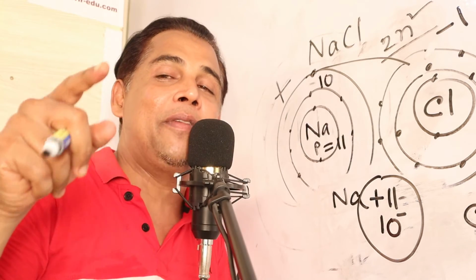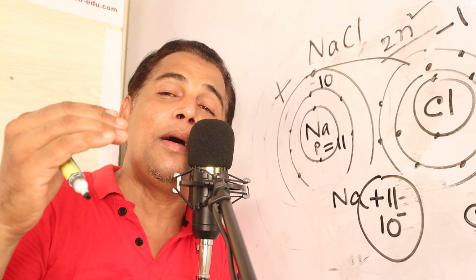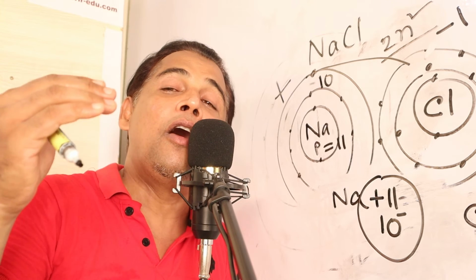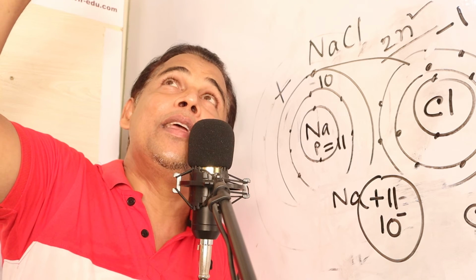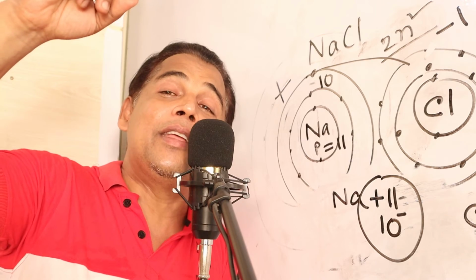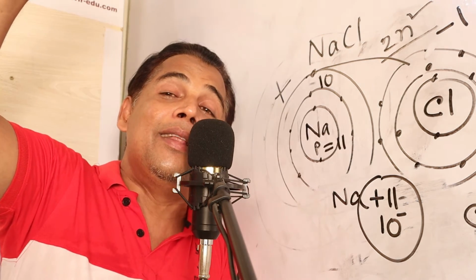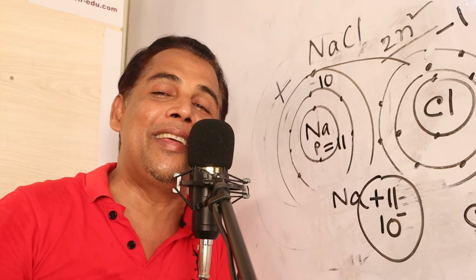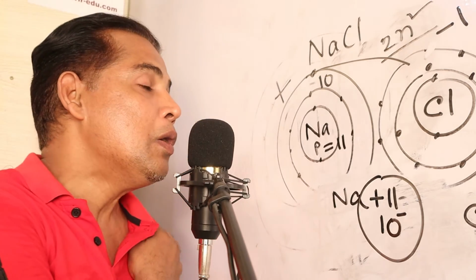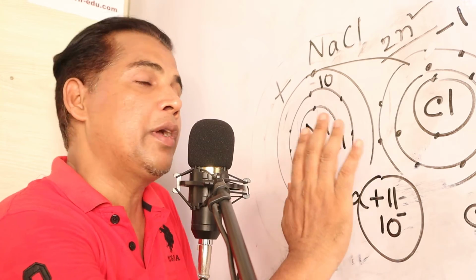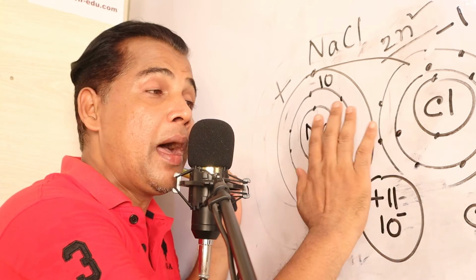I told that in a family, if there are more Argentina supporters, obviously the flag will be Argentina's, which doesn't mean that inside all people are Argentinian. So chlorine receiving the electron, okay, that's the question of an ion.